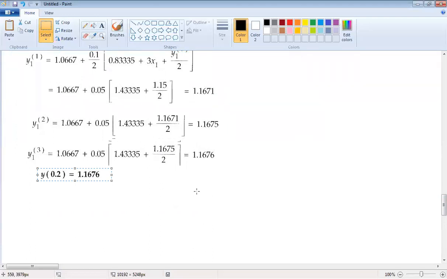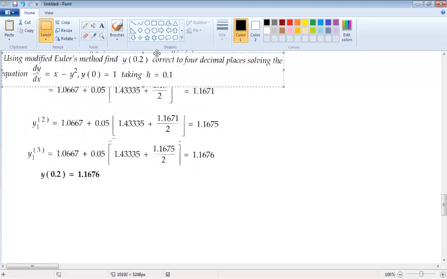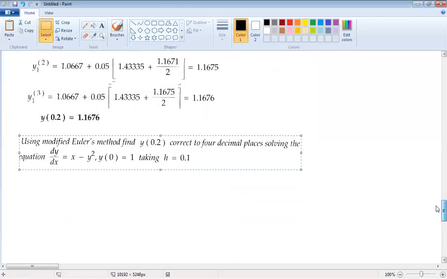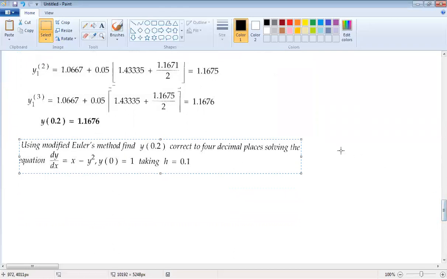Okay, now you can try out these questions for practice. Using the modified Euler's formula, calculate y of 0.2, correct to 4 decimal places, by solving the equation dy by dx is equal to x minus y squared, where y(0) is 1, and by taking h equal to 0.1.